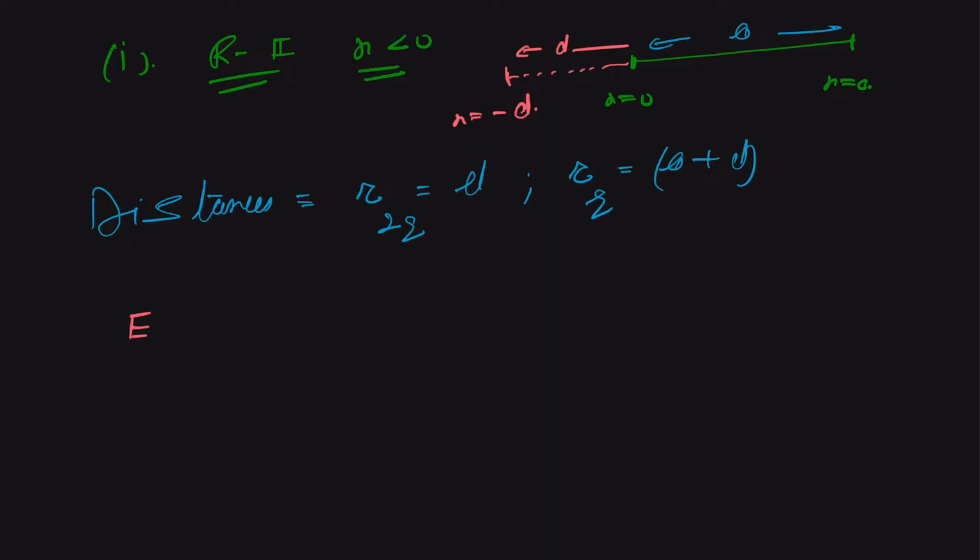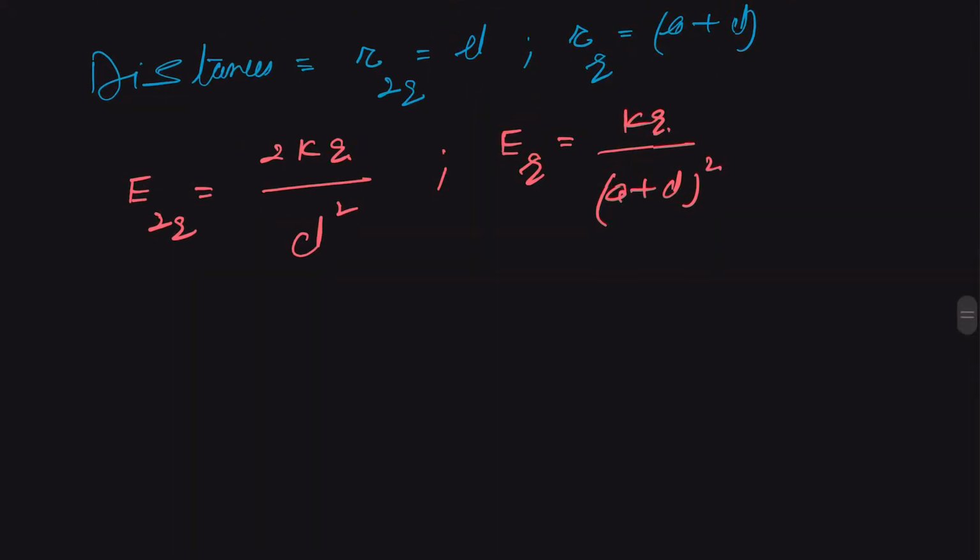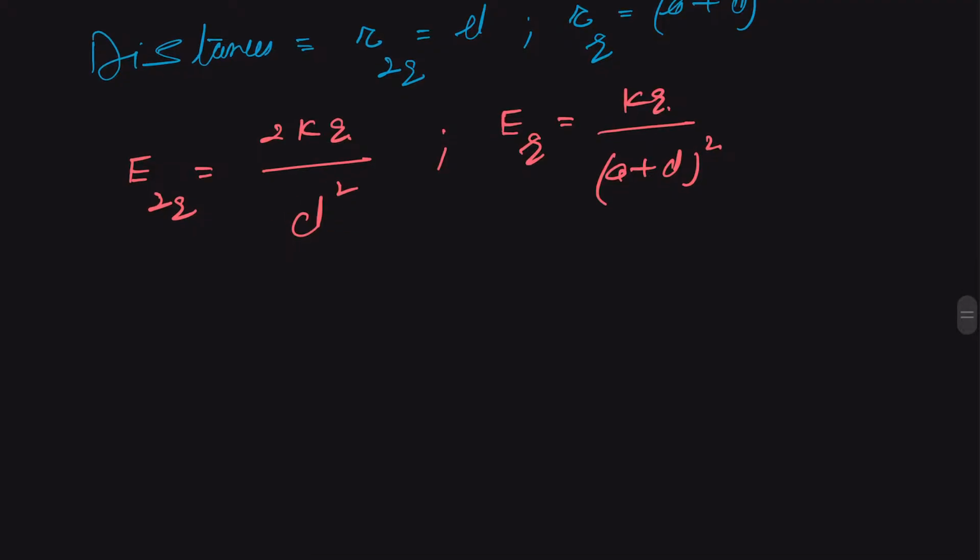The electric field due to charge 2q will be equal to 2kq over d square, and because of q we are going to get kq over a plus d whole square. And for cancellation we are going to simply equate them.